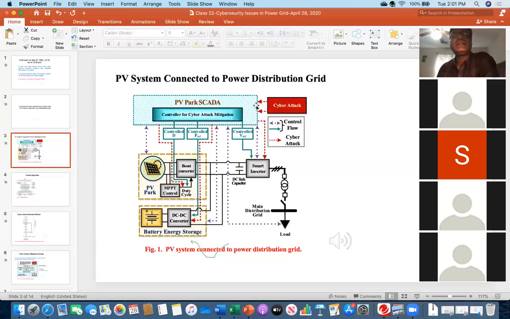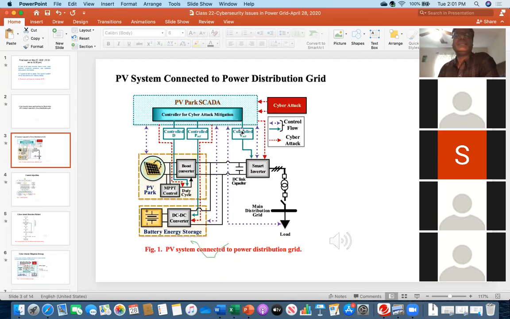After detection, we will take that information to this controller. Later I will show you the control structure, and that will control the V reference. So this means the attacker is changing the V reference signal for the smart inverter, so we will correct it, we will modify it.